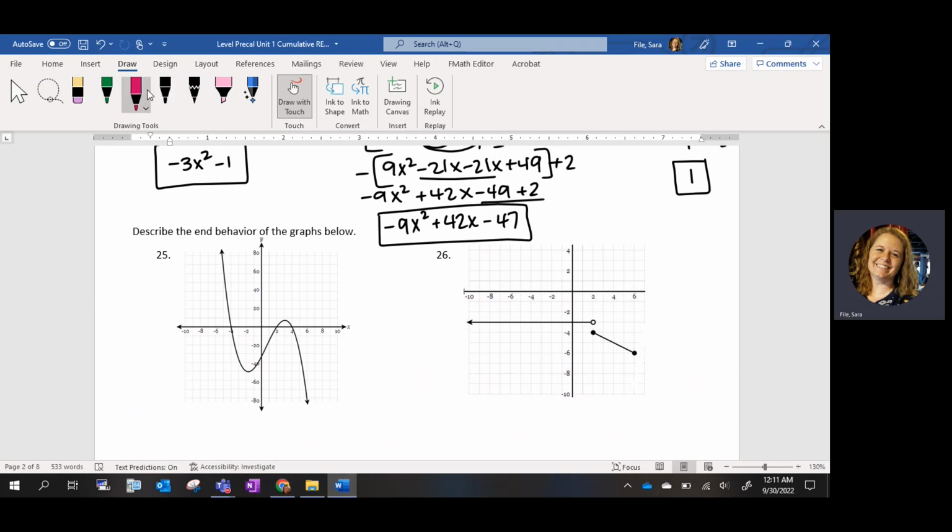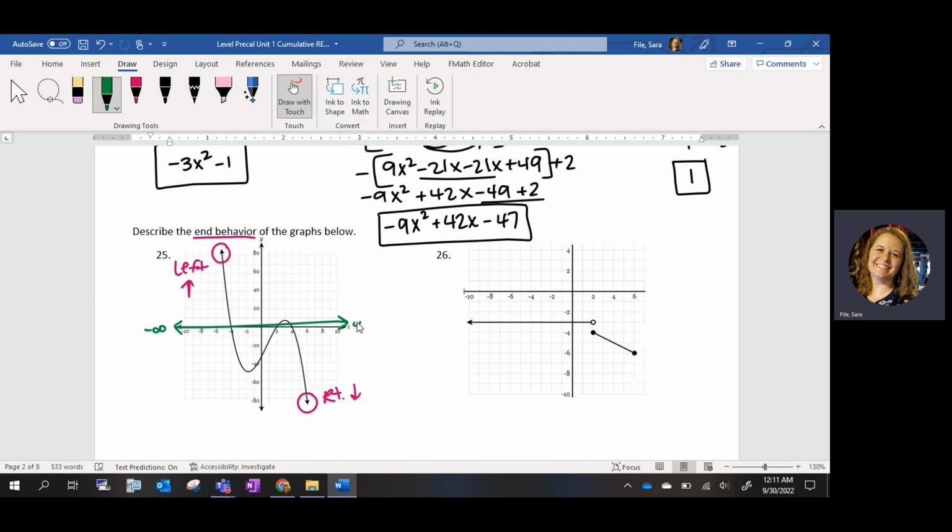Okay, so this one is asking for end behavior. So remember, end behavior is the left and right-hand sides of your graph. What are they doing? Okay, so I would say this left side is rising. The left side's going up, and the right side is going down. But we have a special notation for end behavior, and you need to remember we're talking left and right, so we are looking at the x-axis. So as the x-axis goes left, that's actually going toward -infinity, if this is going forever left, which it is.